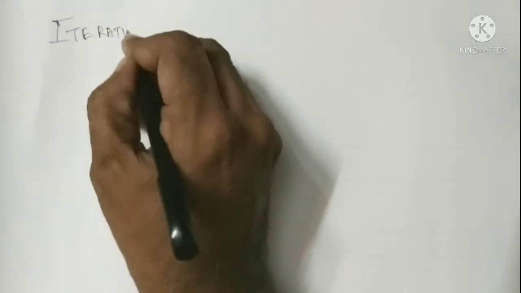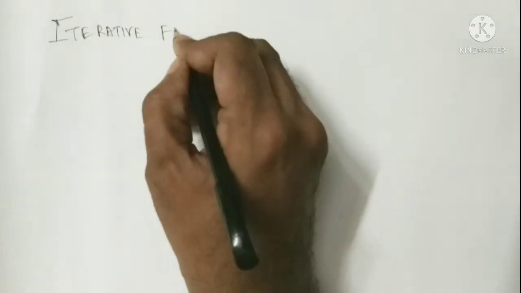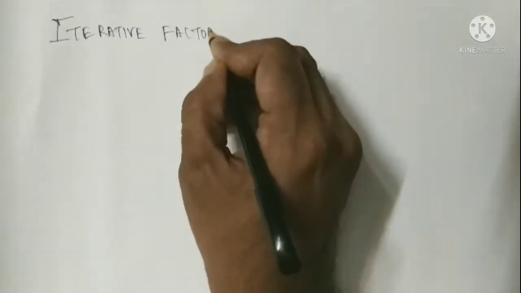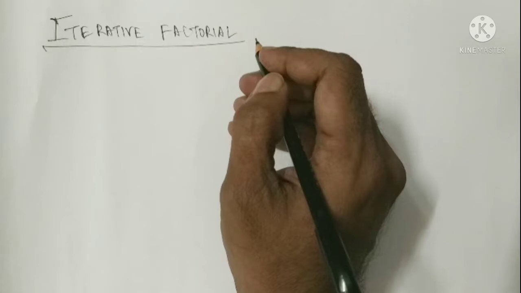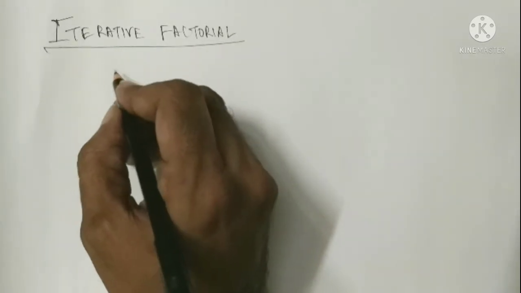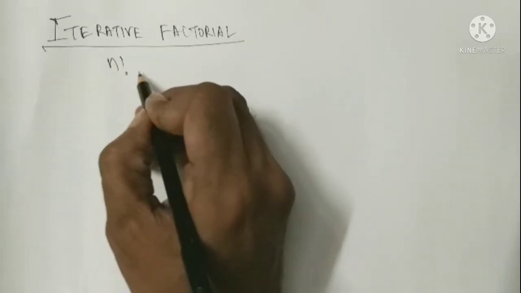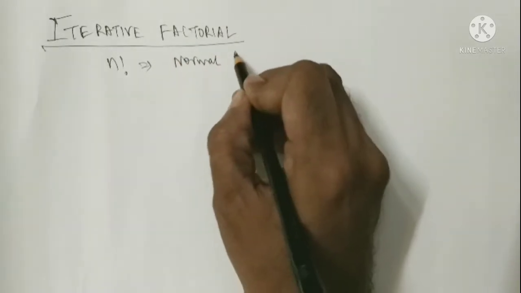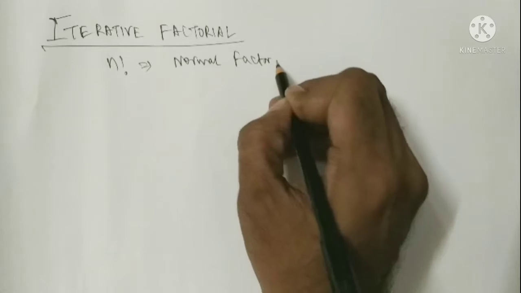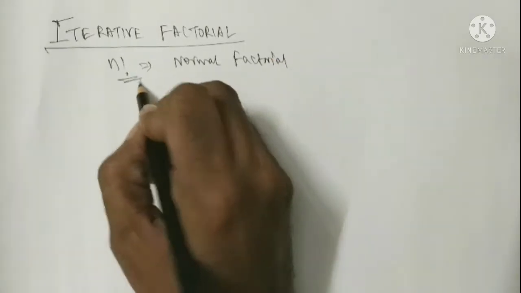Iterative factorial. This is a new concept for class 11-12 students, and this is nothing but n factorial is normal factorial, and this is right hand factorial.